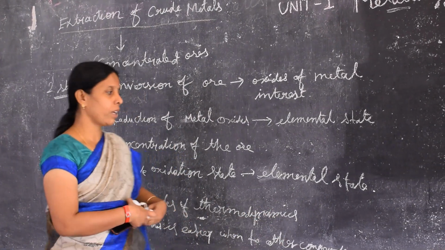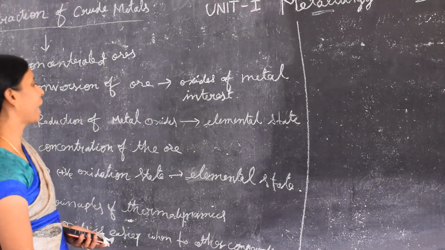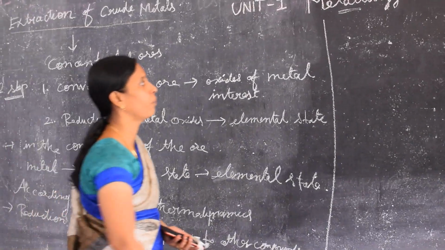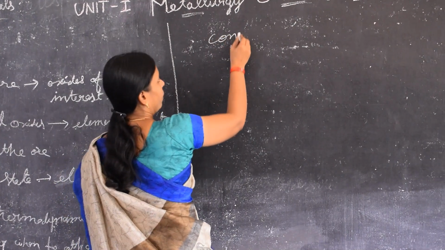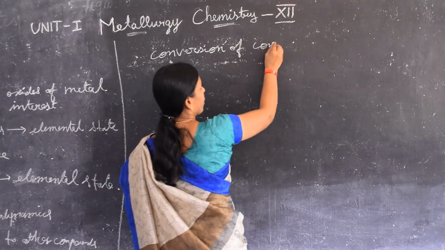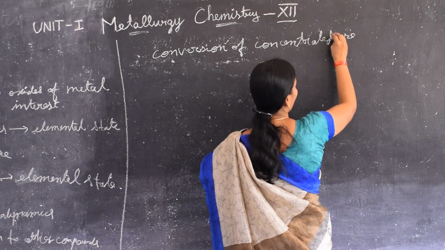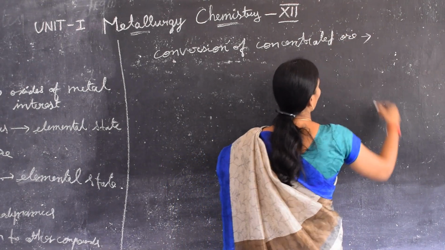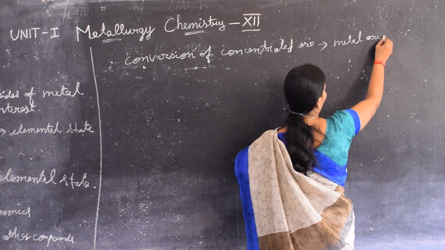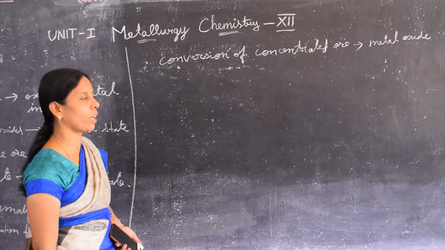the other compounds. So before going to reduction, we have to convert the concentrated ores into oxide compounds. So conversion of the concentrated ore into its metal oxide has to be done first.